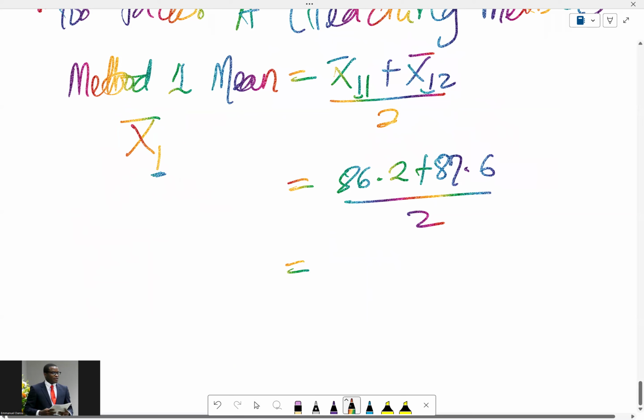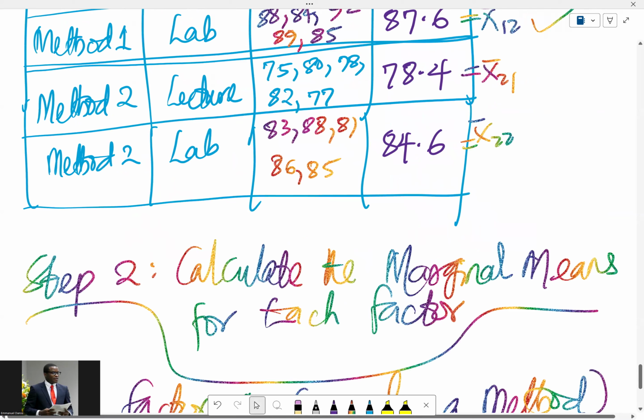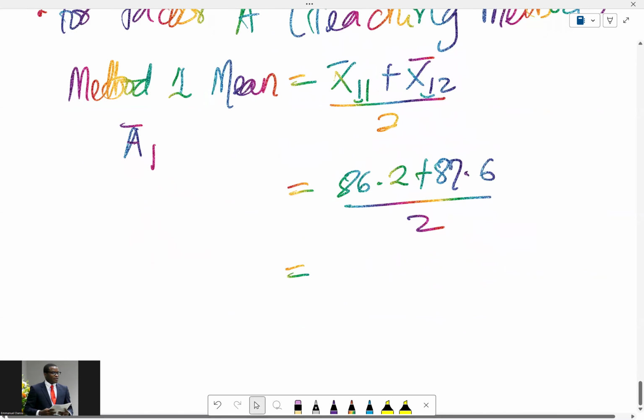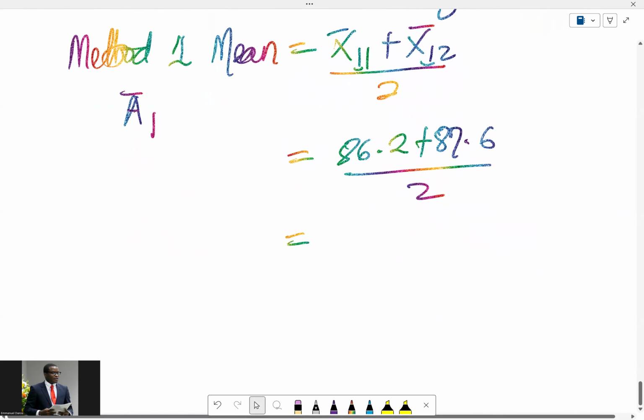If I call this 1 and that 2 for method 2, what do I call the factors? We can have it like factor A, so we can say A1 bar. I think that helps. Let's call this A1 bar. I just need a representation for this. That's for method one now.